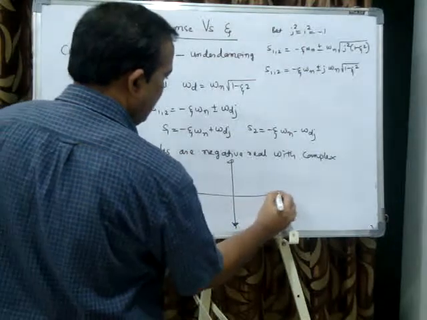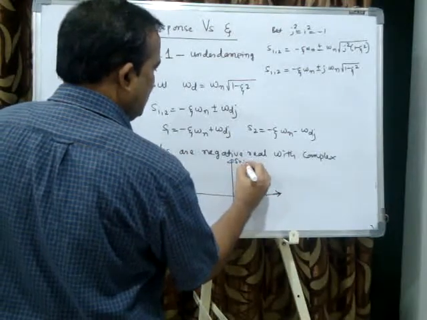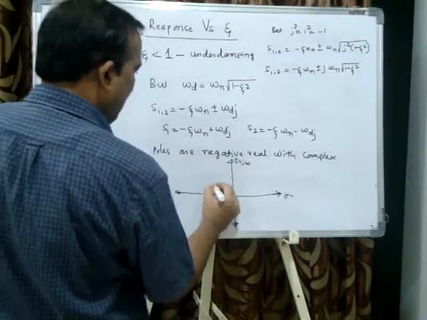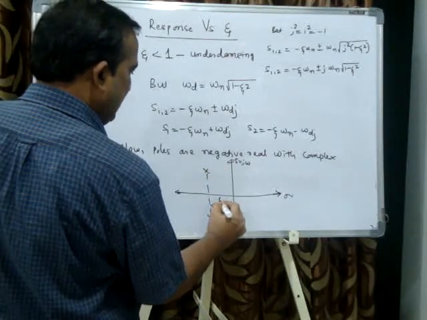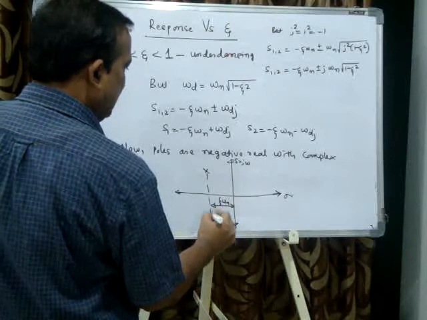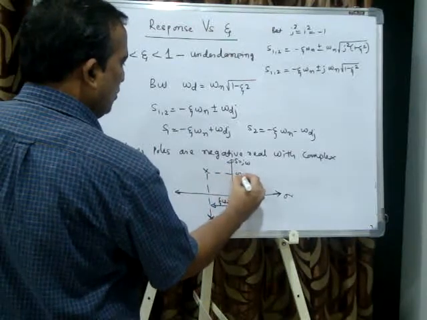Okay, this is s equal to j omega and sigma is minus zeta omega n, and here this is called omega d.